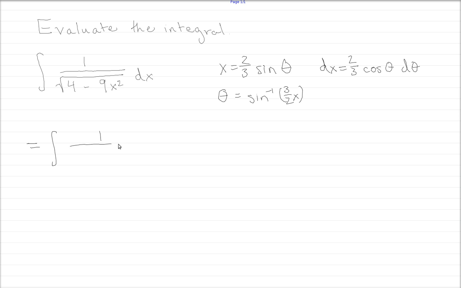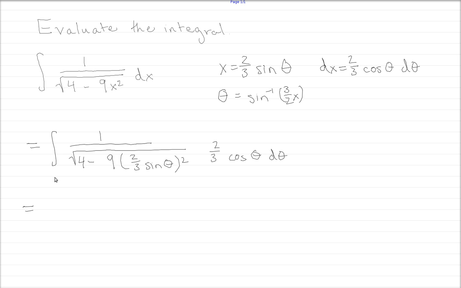So I have 1 over the square root of 4 minus 9 times 2/3 sine theta squared, and now I need to substitute in for my dx, and that's going to be 2/3 cosine theta d theta. So let's do a little bit of simplification.